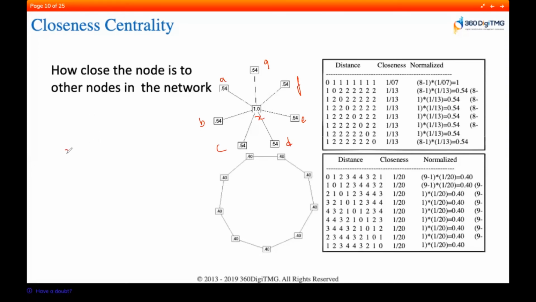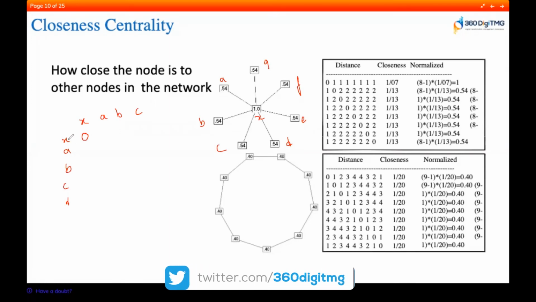Let us take only X, A, B, C, and I will take X, A, B, C on the columns as well. X will not have a connection with X because X itself is X, right? Hence, there is no connection.